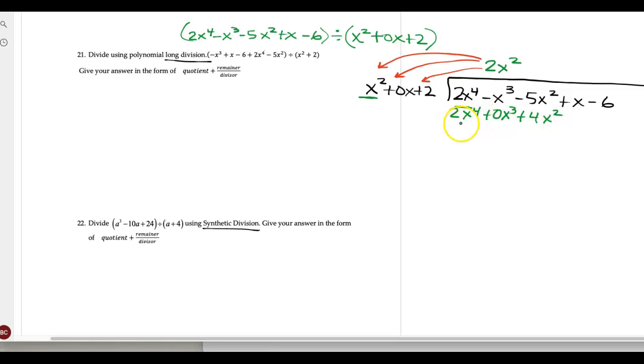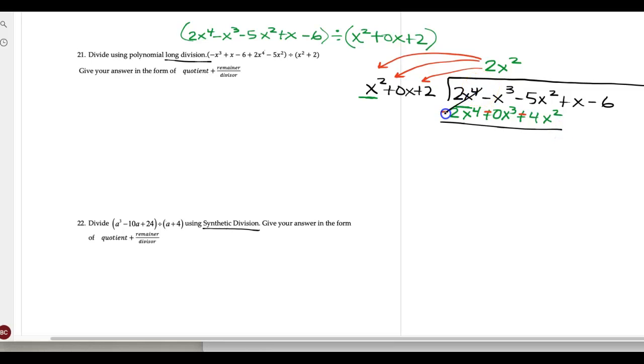Okay, now at this point, this is where you would do your subtraction, but I like to just say change signs, because if I'm subtracting all of this, what I'm doing is distributing a negative through to everybody. So I'm changing the signs. If they're positive, I change them to negative. If they're negative, I change them to positive. And so then what's left here?